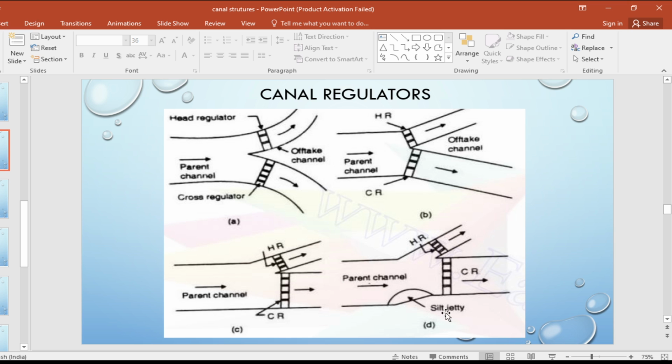Now in the last diagram, in these circumstances the section should not be narrowed down equally on both sides. If it is, then an unbalanced offtake results in the formation of a jetty. Here you can see that a silt jetty is there, which is a result of an unbalanced offtake.